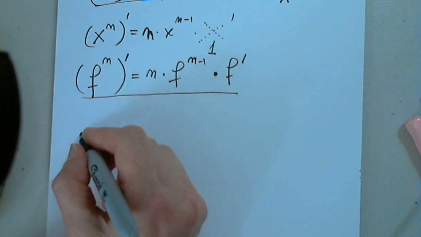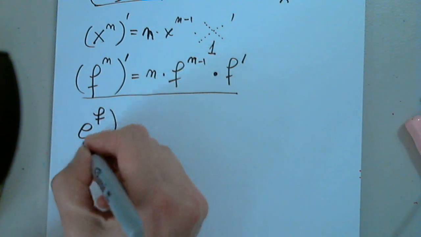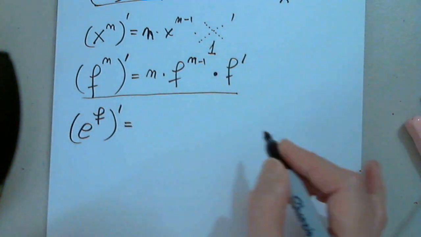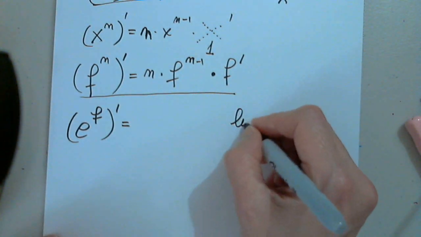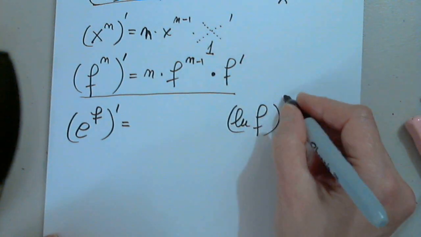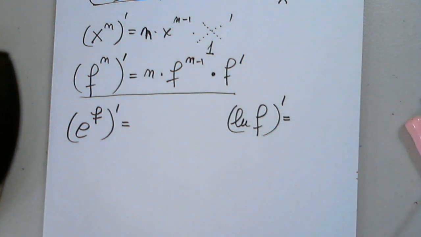So let's try e to a function now, prime. Anyone would like to give it a try? And then natural log of a function prime. It's okay if you're wrong, just give it a try. Anyone?